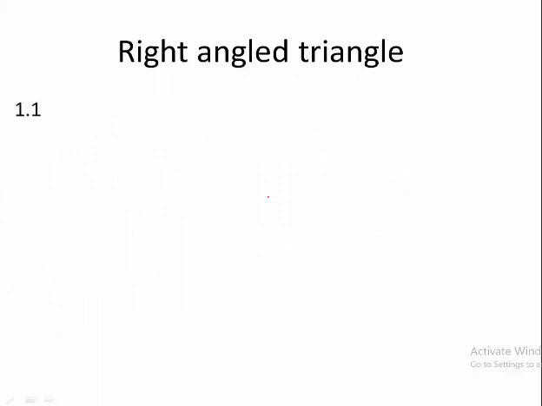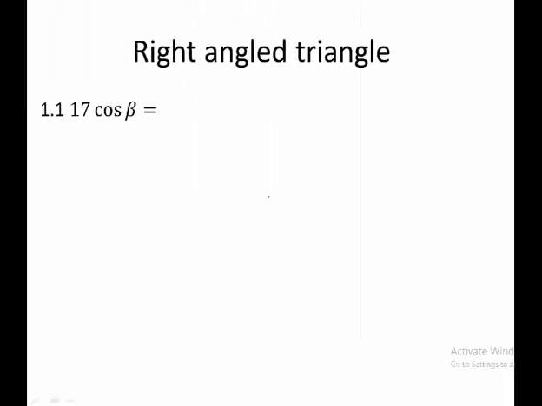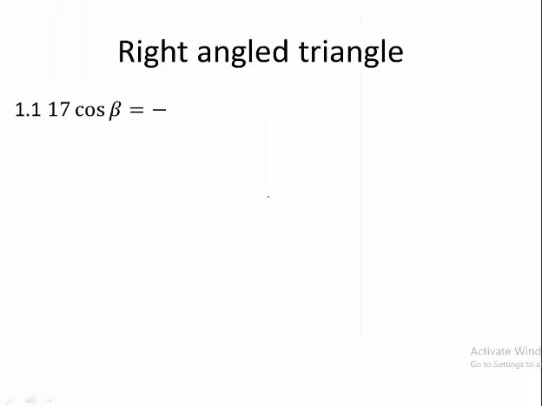So for 1.1, you will look at what you've been given as an equation, right? So you need to first resolve that 17 cos beta plus 15 is equal to 0. As you're solving that, you transpose the 15 to the other side, you get your negative 15, right? And then you divide both sides by 17 to get your cos beta equals negative 15 over 17.